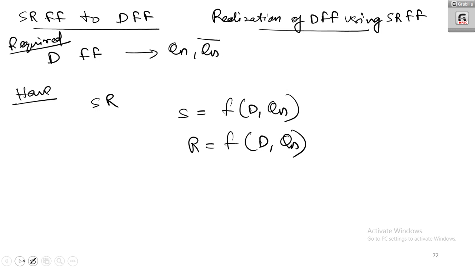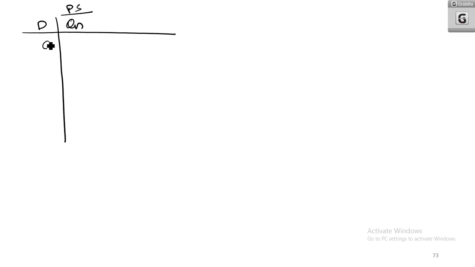Now coming to the truth table of this D flip-flop. I will write D and present state. Present state is Qn. So it is 0 0, 0 1, 1 0, 1 1. So what will be the next state? That is Qn plus 1.